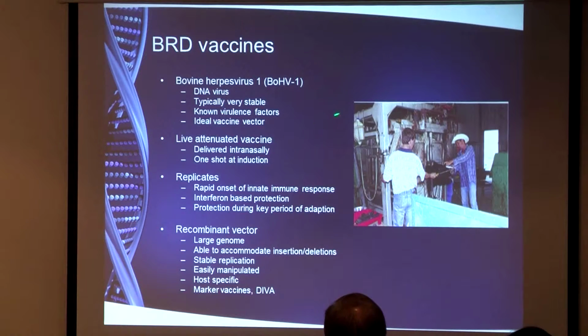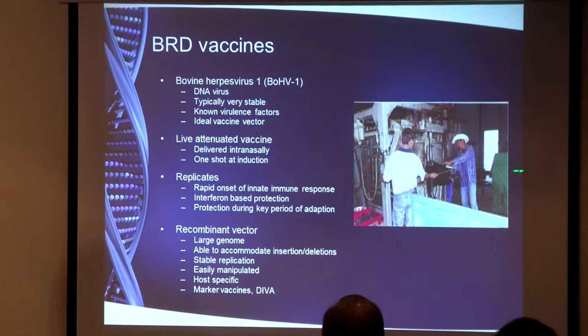But I don't think that we know all the things about that, so there's still things that this virus can do that we don't really understand. But all things considered, we think it's an ideal vaccine vector compared to the other viruses involved in BRD, which are mostly the RNA viruses. So, as I said before, we are focusing on live attenuated vaccines.